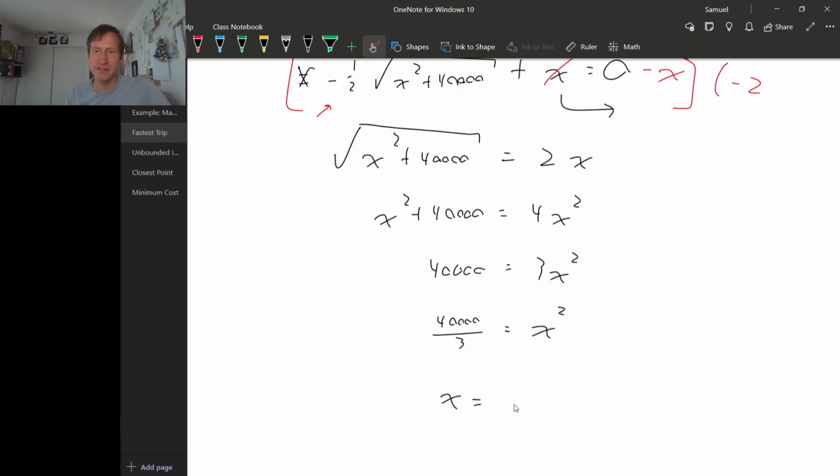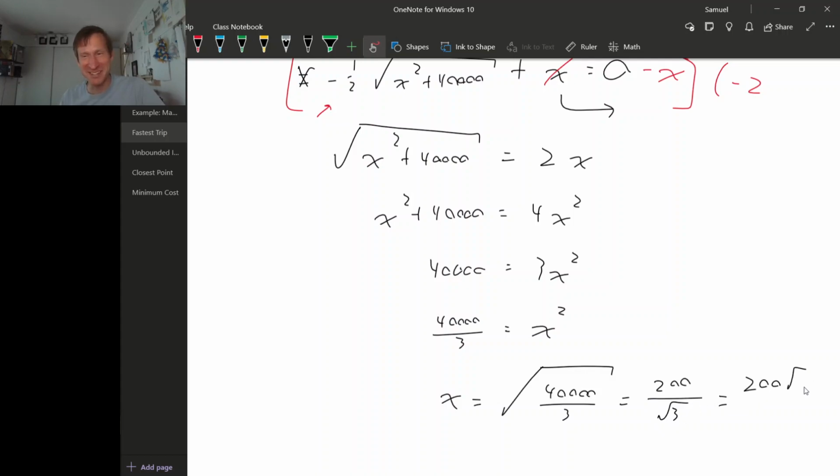So x is the square root of 40,000 over 3, which maybe we can simplify. 40,000 is a perfect square, isn't it? Of course it is, because it came from 200 squared. So this is 200 over root 3. Or if you like to have your denominators rationalized, 200 root 3 over 3. Either one of these is fine.